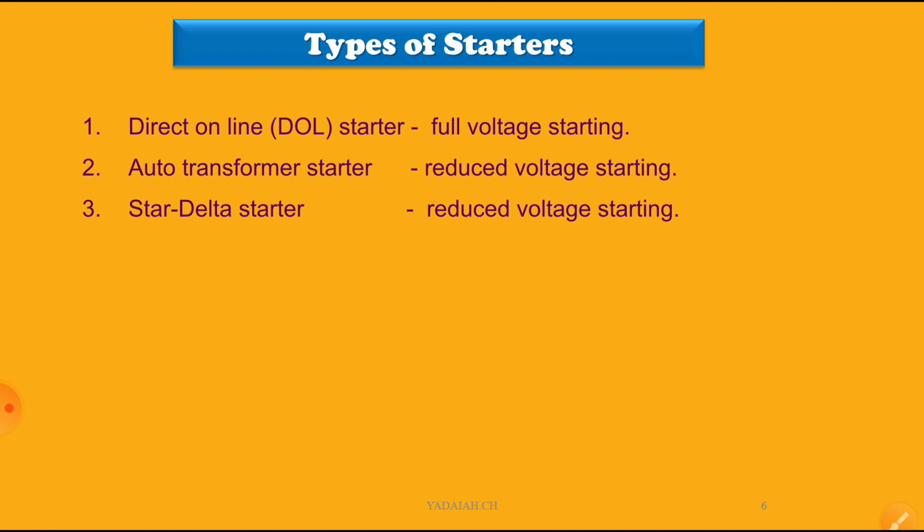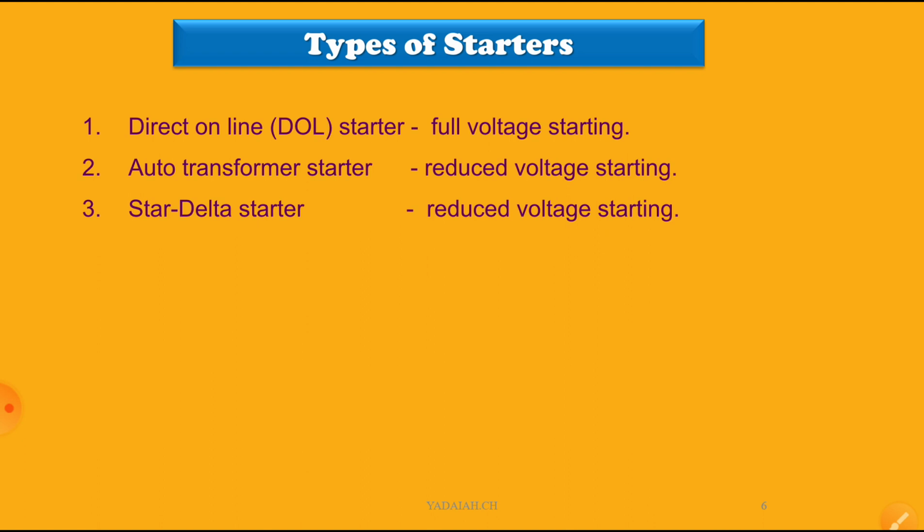That is enough to generate the torque that will try to rotate our rotor. If the rotor rotates, slip value decreases, and automatically the current drawn from the initial starting reduces as our rotor speed increases near to synchronous speed.